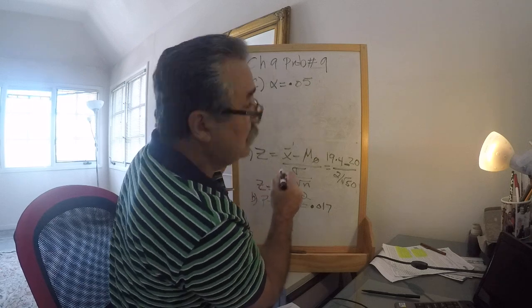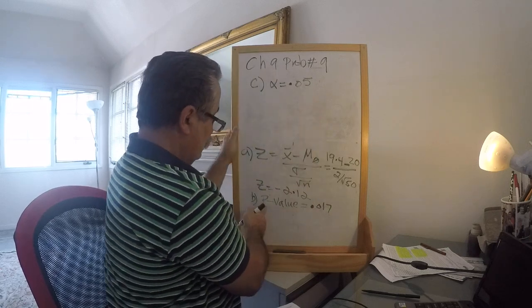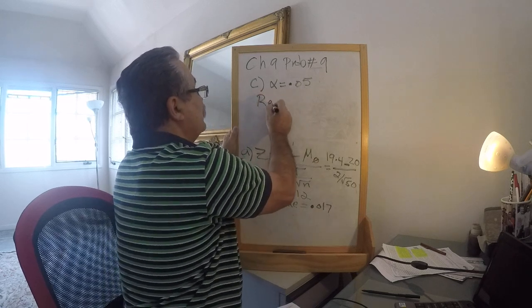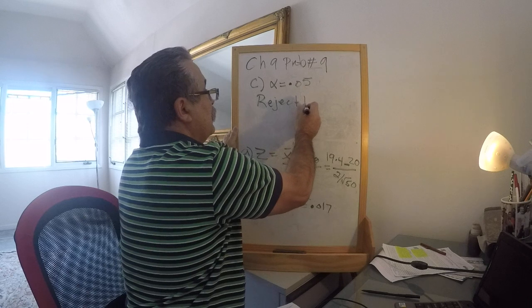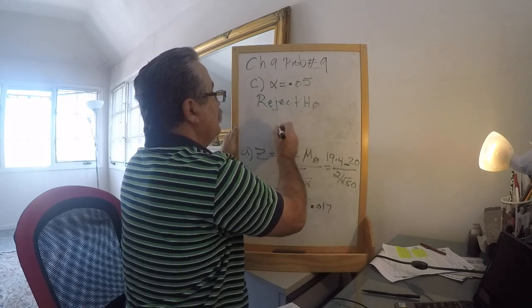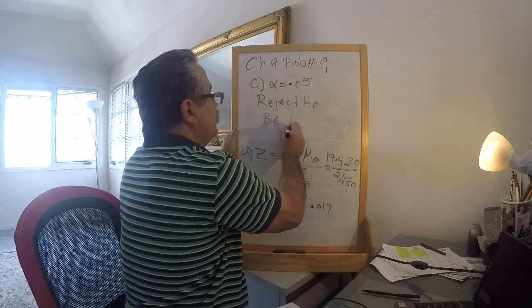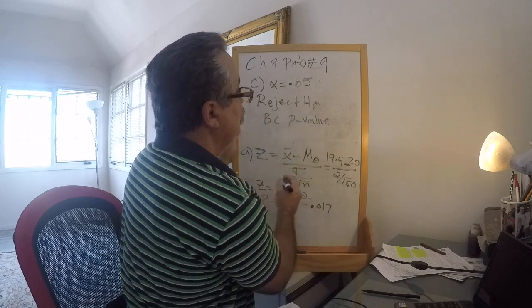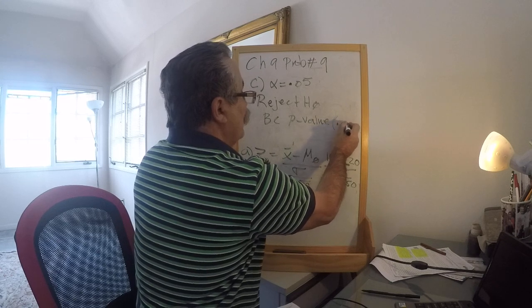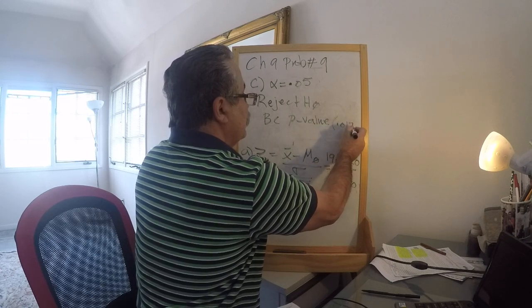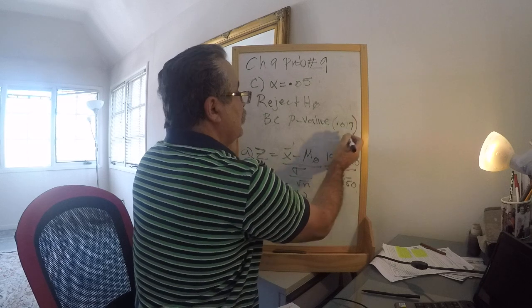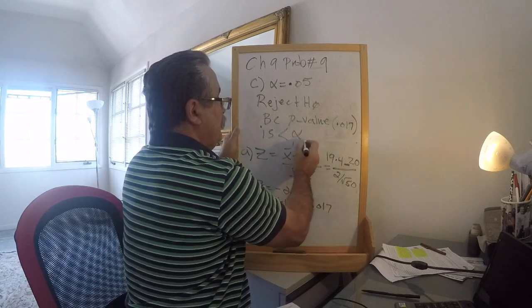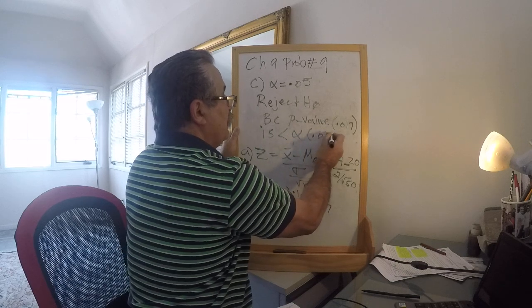What is your conclusion? Our p-value is 0.017. So we say reject H0 because the p-value, which is 0.017, is less than alpha, which is 0.05.